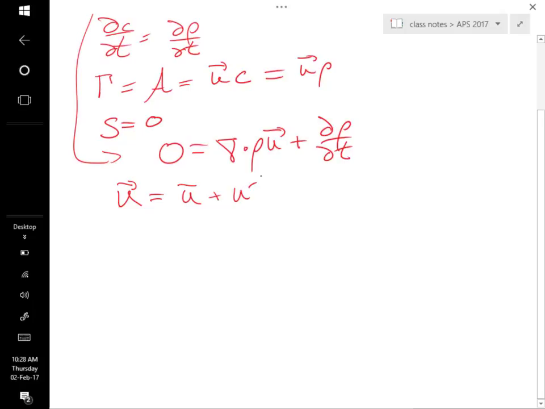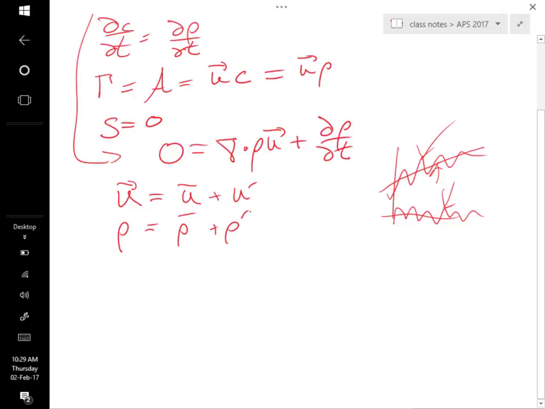So we can say that there's an average and a perturbation, and the velocity is equal to that plus that. Similarly, the density is equal to an average plus a perturbation, and pressure, and so on. Okay, so that'll be the conceptual model.